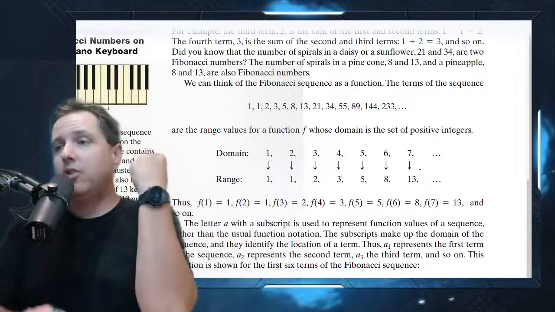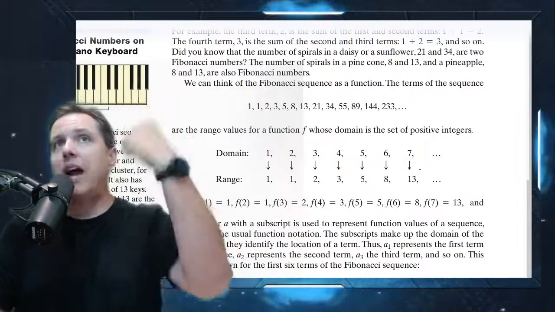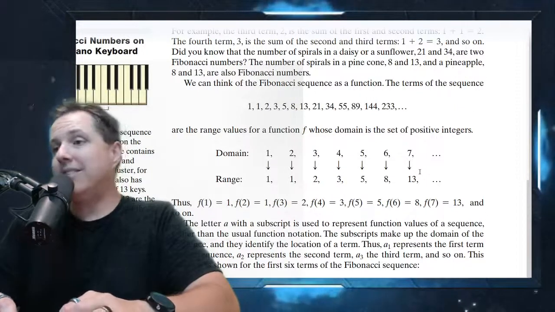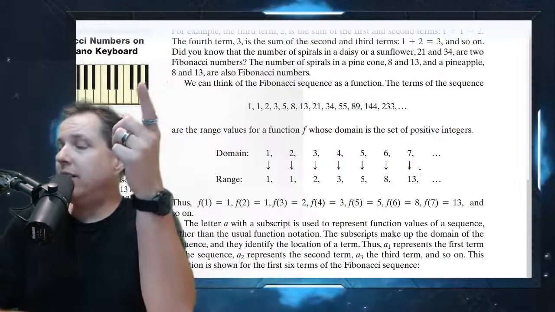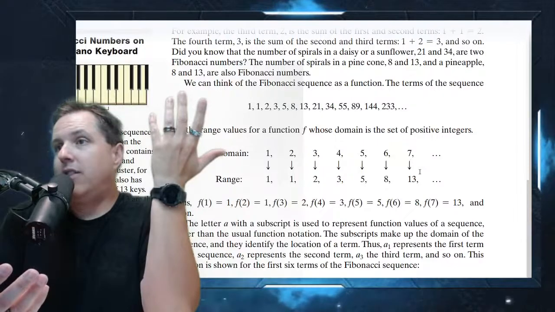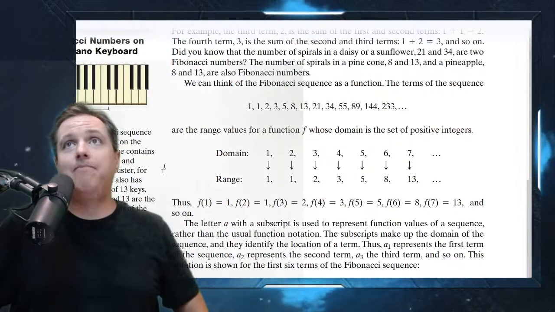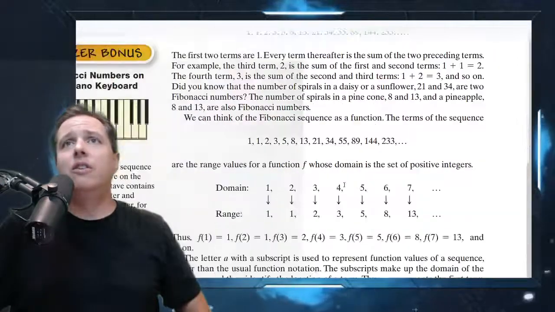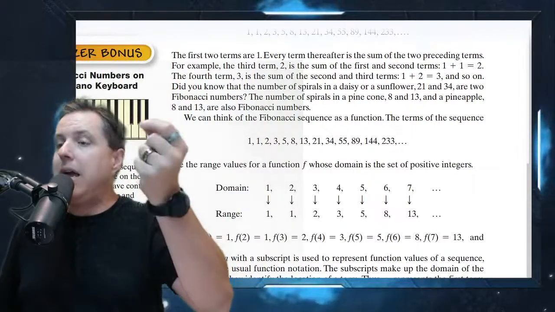So your inputs are 1, 2, 3, 4, 5, 6, 7, and your outputs are whatever that sequence value is. So sometimes it's convenient to deal with a sequence in its functional form. Sometimes it's not. It just depends on that particular problem that you're looking at, if we should view it this way or not. But it is helpful to understand that these things are functions, right? They're functions on the integer domain values.